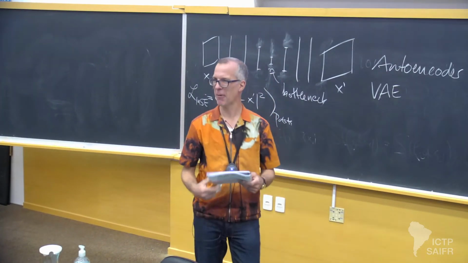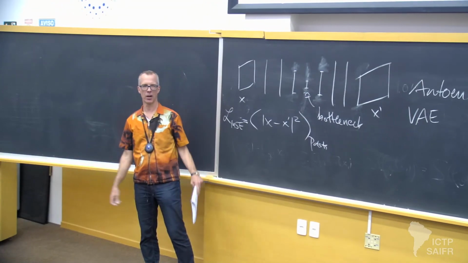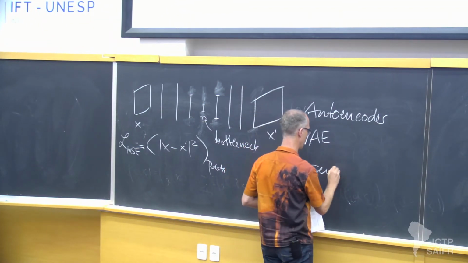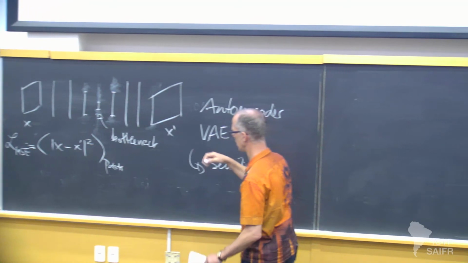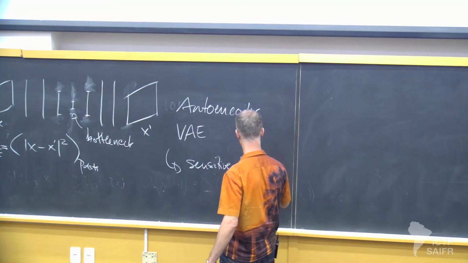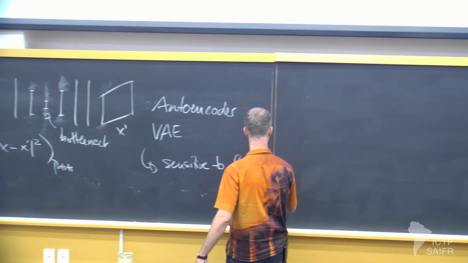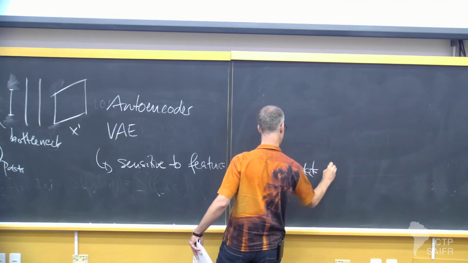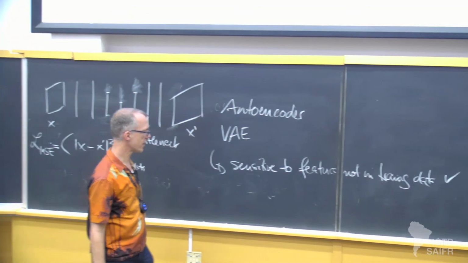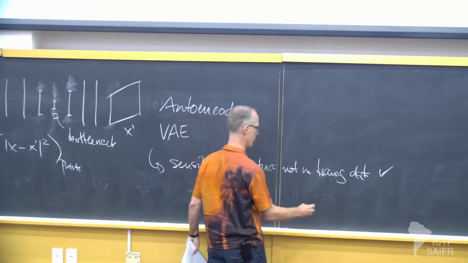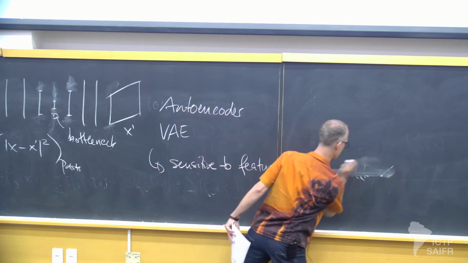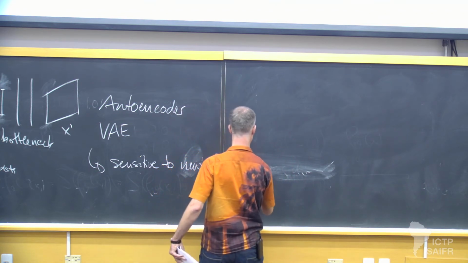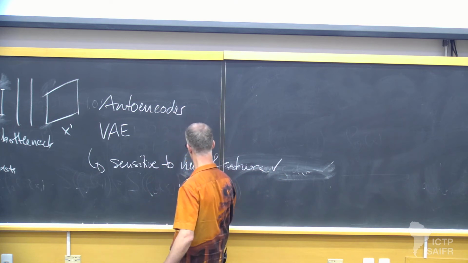So I want to train this autoencoder, and I want to find a way that my autoencoder is not only sensitive to new features, meaning features not in the training data, but I also want it to be sensitive to missing features.